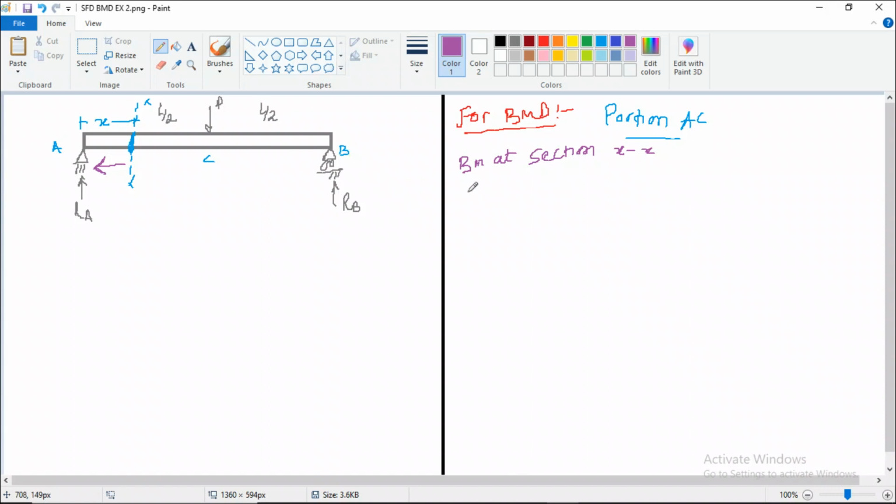That will be denoted by Mx. So Mx will be equal to force multiplied by perpendicular distance. That force is Ra, perpendicular distance is x. So if we substitute the values, now here your range will be again the same, 0 less than or equal to x, less than L by 2.